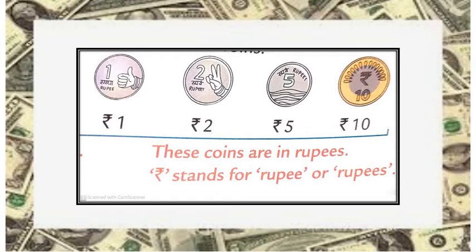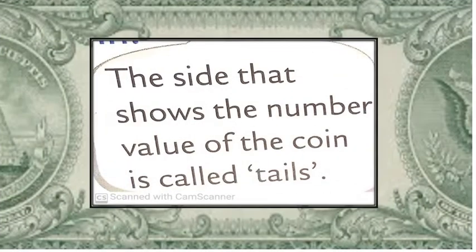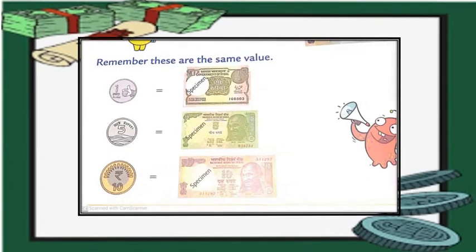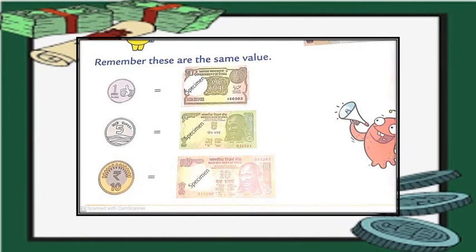R stands for rupee or rupees. The side that shows the number value of the coin is called tails. These coins and notes are of the same value.